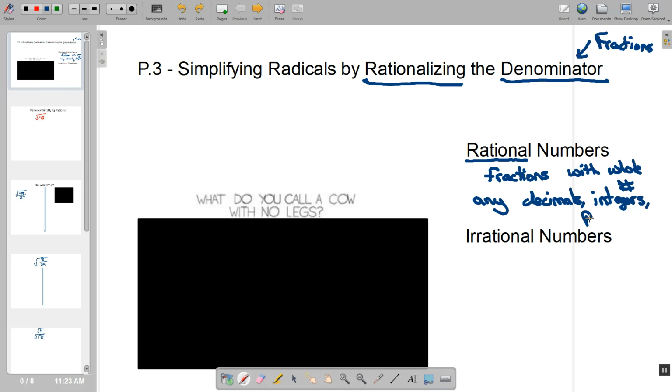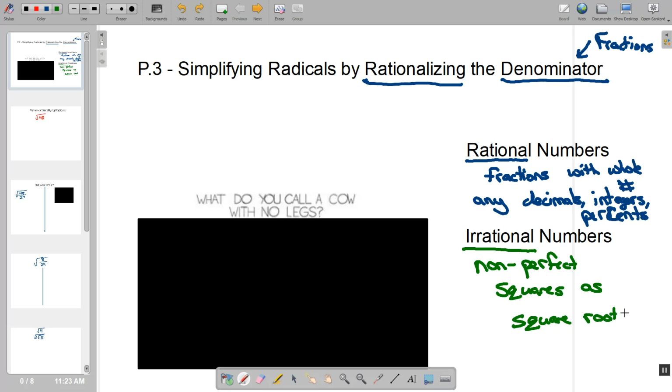So basically anything that you want to be working with is rational numbers. Irrational, by extension, for us really only has one specific example. That would be non-perfect squares as square roots.